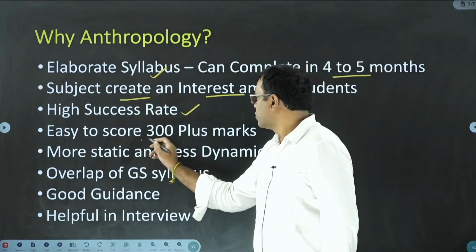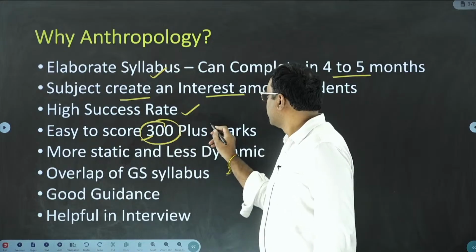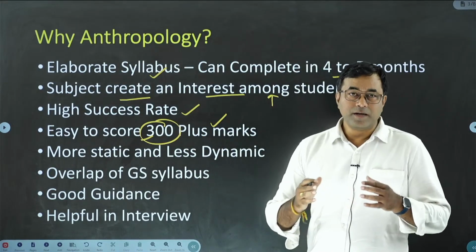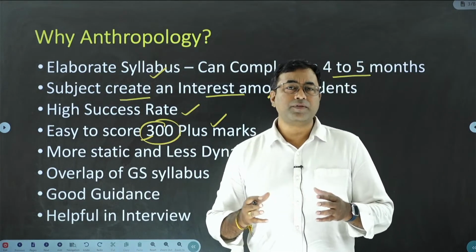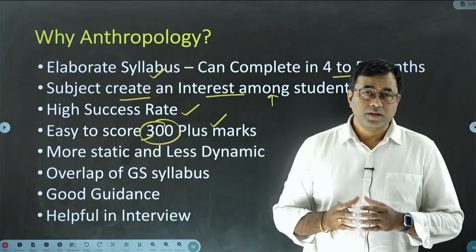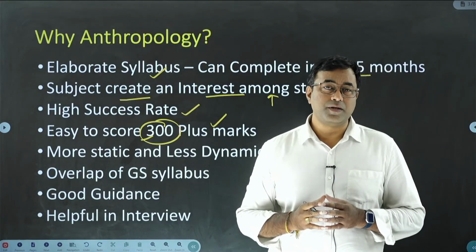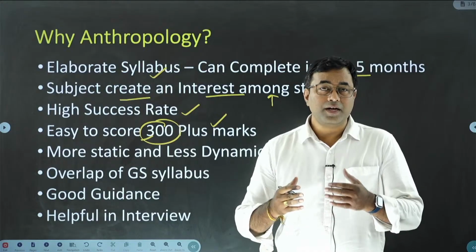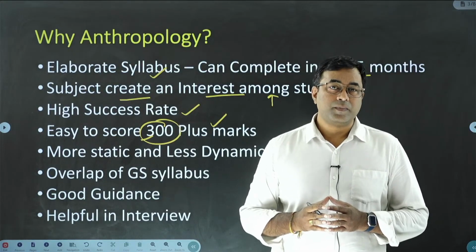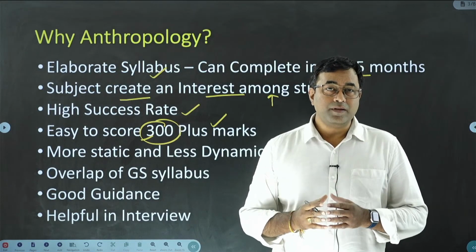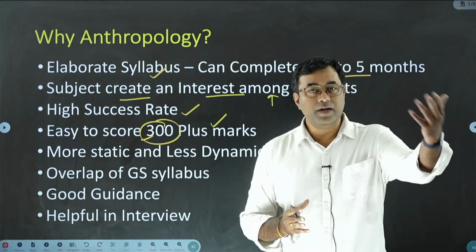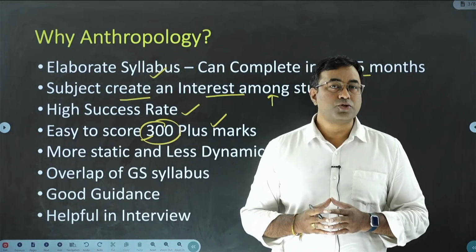Next one, easy to score 300 plus. In the recent past, in any optional, particularly social sciences optionals, getting 300 is a common thing, and this 300 marks will definitely add value to your score.